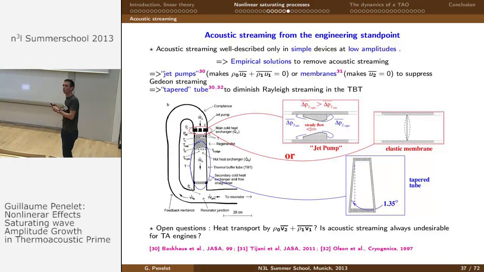So to prevent loss, we add some loss. But it works. Now concerning the Rayleigh streaming in what we call the thermal buffer tube, an empirical solution that has been found is to slightly taper this thermal buffer tube with a small angle, 1 degree here. And also it works. We do not know exactly why, but it works.